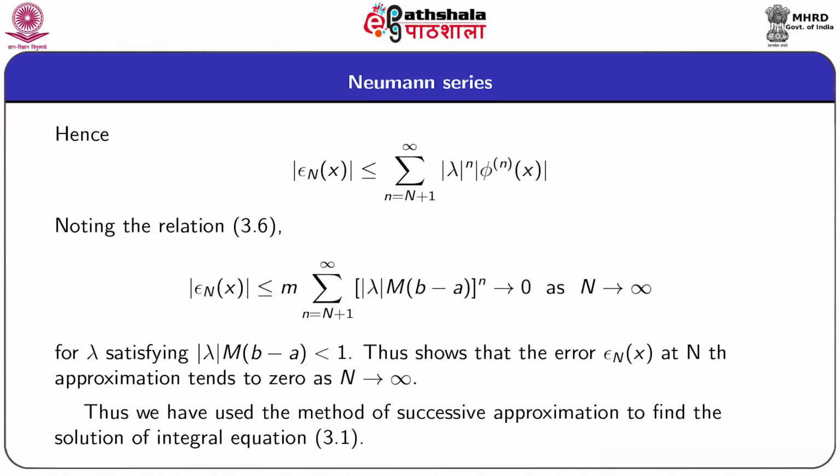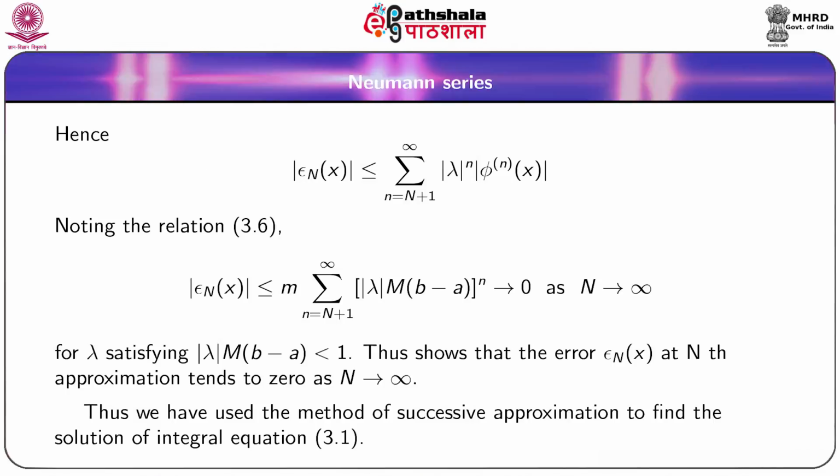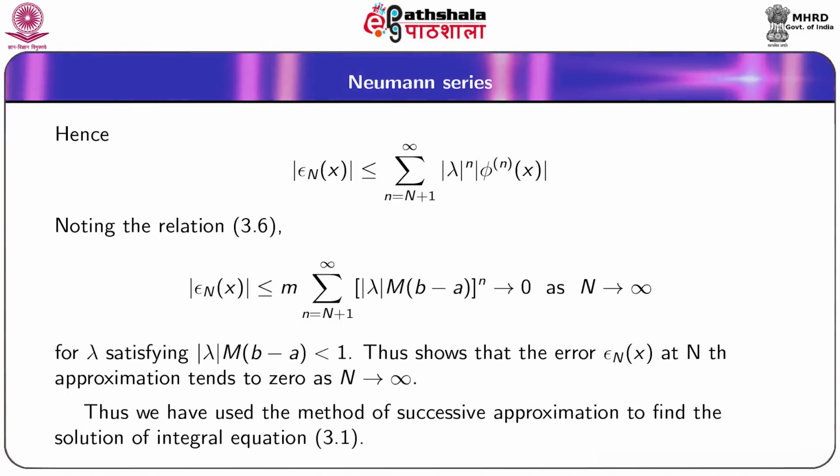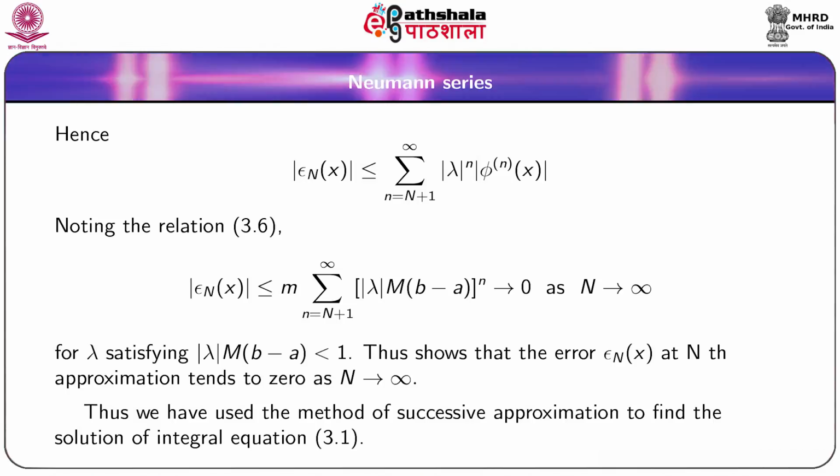So that mod value of epsilon N x is given by summation small n equal to capital N plus 1 to infinity mod of lambda to the power n into mod of phi superscript n x.